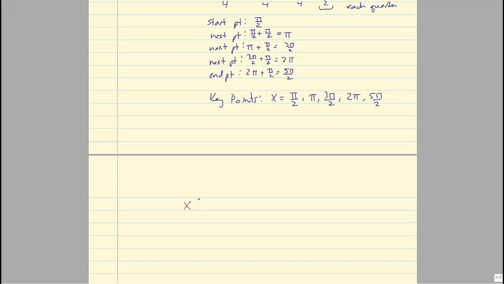So I'll have this table with x's, and I'll have pi over 2, pi, 3 pi over 2, 2 pi, and 5 pi over 2.